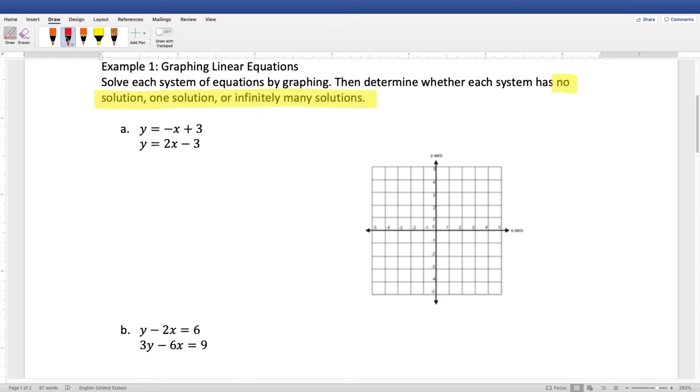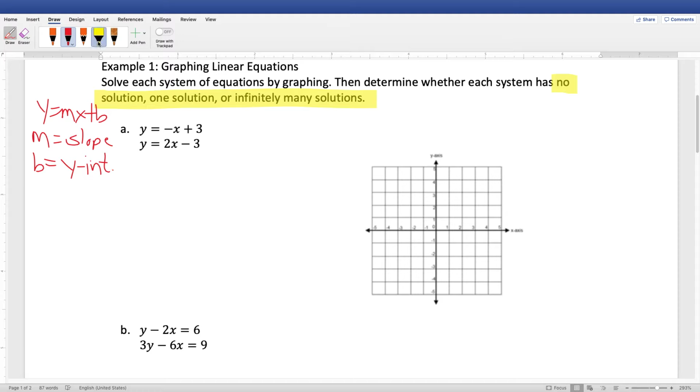When I graph these, I need to make sure that my equations are always in the form y equals mx plus b, because m is my slope and b is my y-intercept.